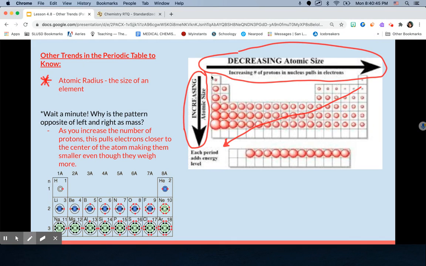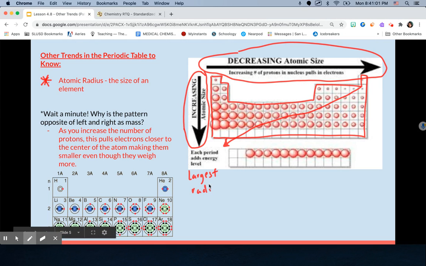As usual, I would do the outline of the periodic table, like that. Down at the bottom left is my largest radius, and on the upper right hand side is my smallest radius, or my smallest atom, right?